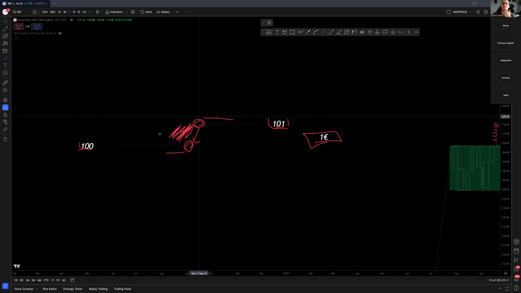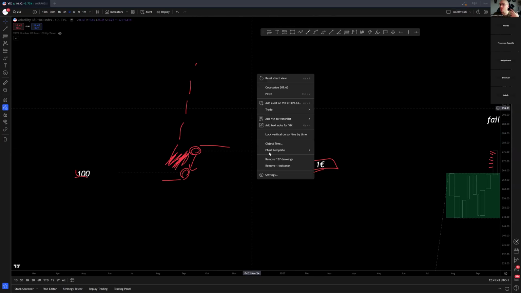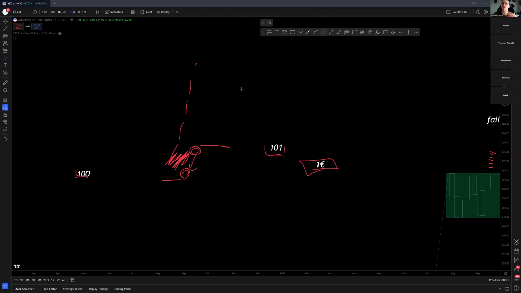So if price starts going higher and higher and higher, they are kind of losing money because they're selling at 101, they're selling again at 102, 103, 104, 105. So what market makers really don't like is directional markets.